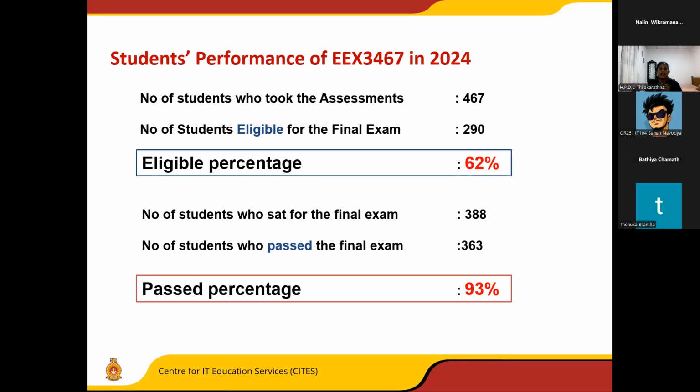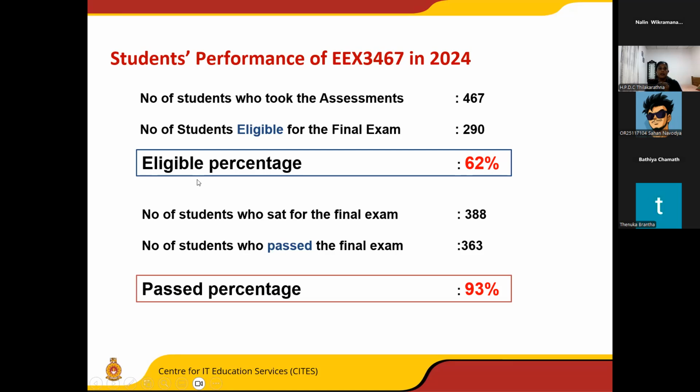When we look back at the students' performance of EEX3467 in 2024, in that year this course was conducted by Dr. H.M.M. Caldera, and you can see the number of students who took the assessment, 467.